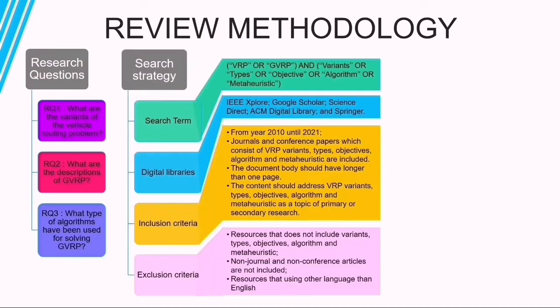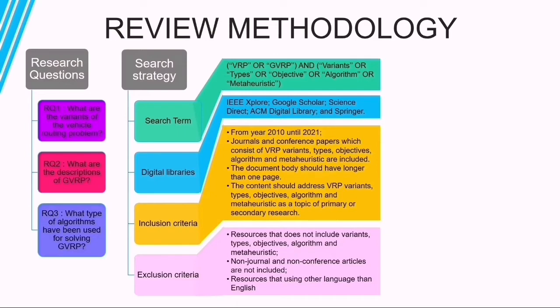Next, I set a strategy for searching purposes. First, I identify the search term and the digital library that will be used for this paper. The survey resources are chosen based on the following criteria for inclusion and exclusion.